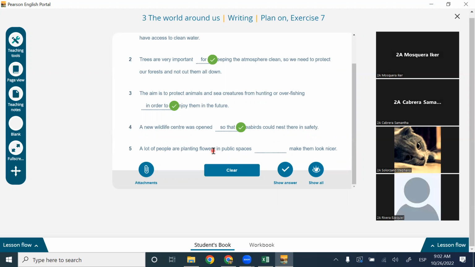A lot of people are planting flowers in public spaces. For what? To make them look nicer. What is the expression? The clause.